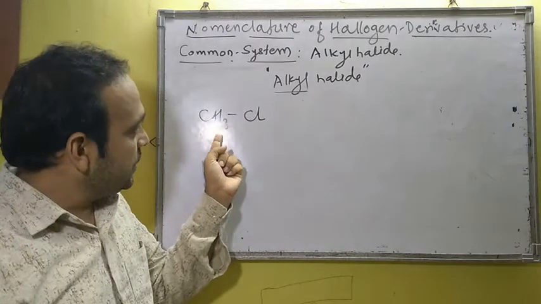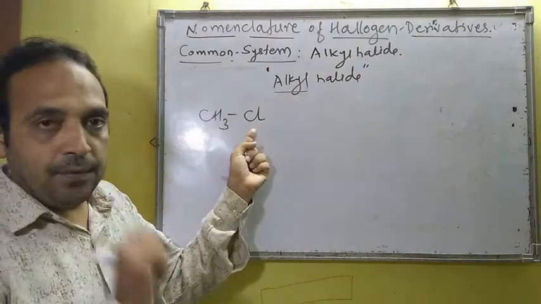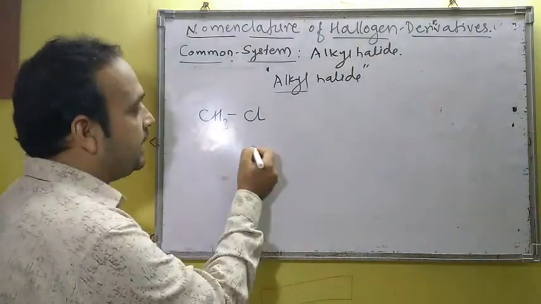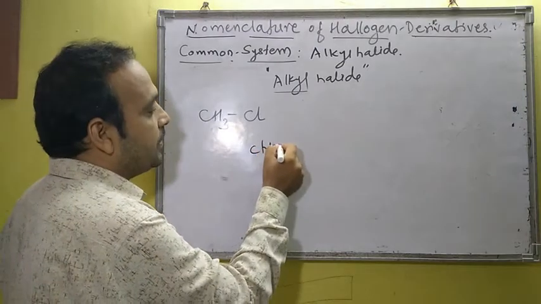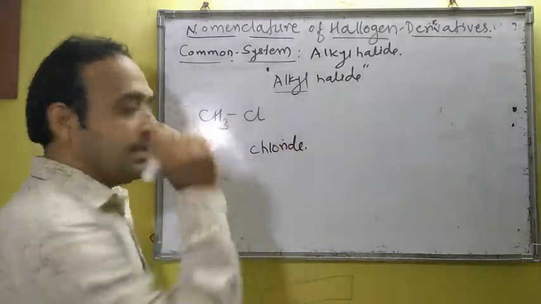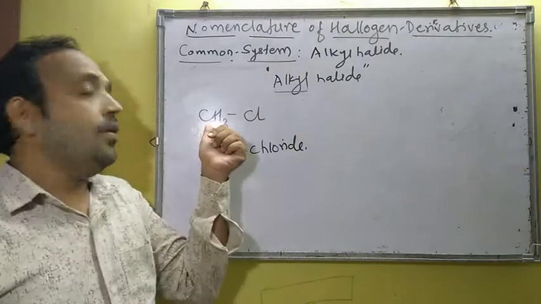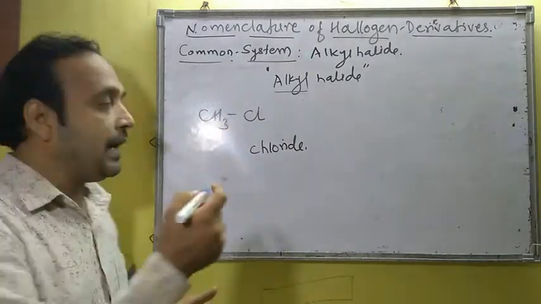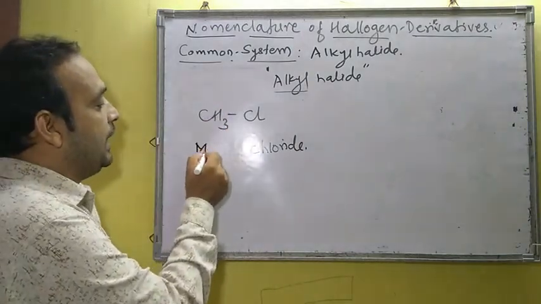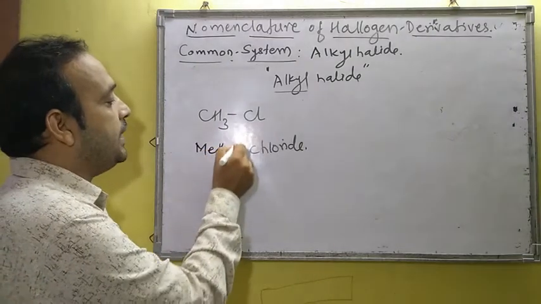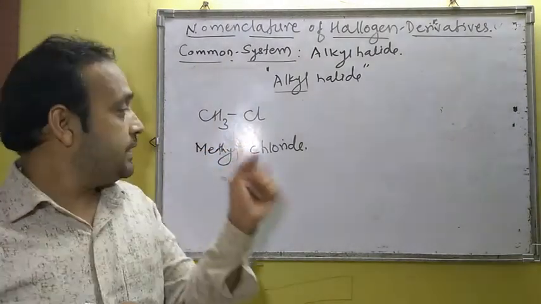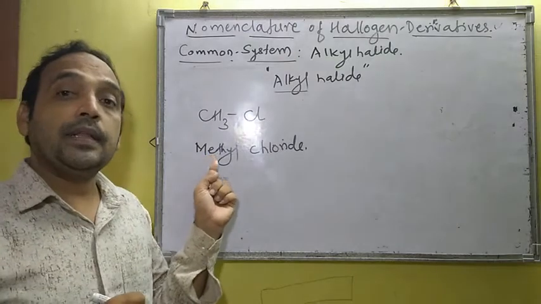In this case, CH3 single bond Cl, the halide present is Cl, so it is called chloride. One carbon means which alkyl group is present? The alkyl group present is methyl. So its name is written as methyl chloride.